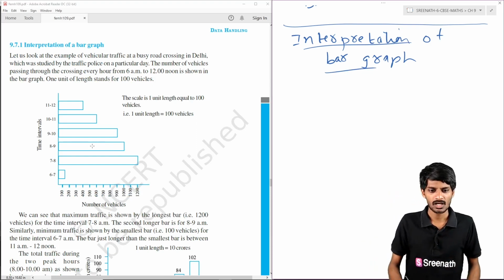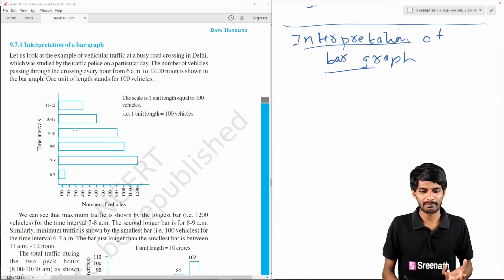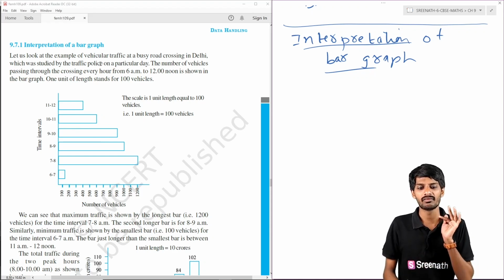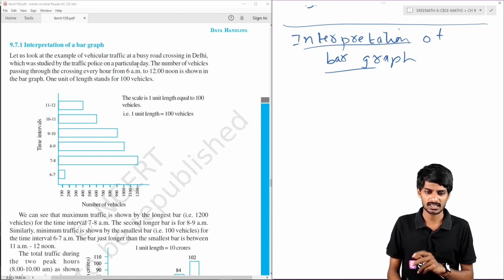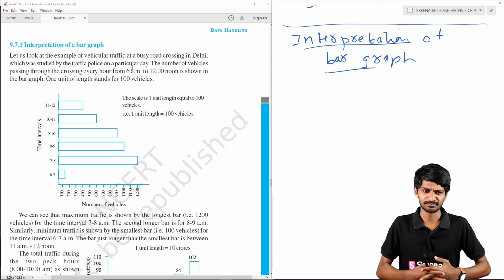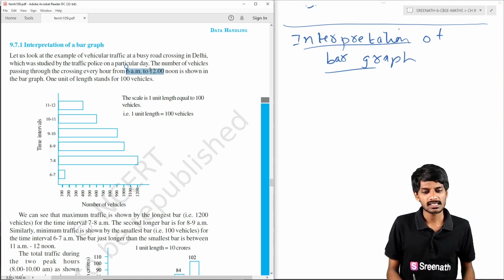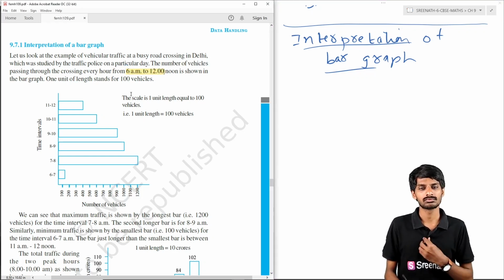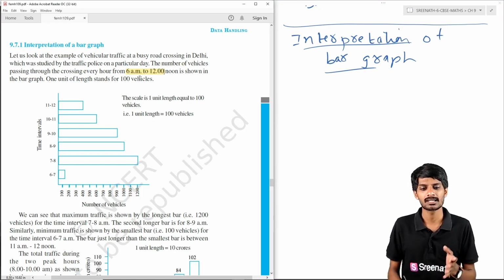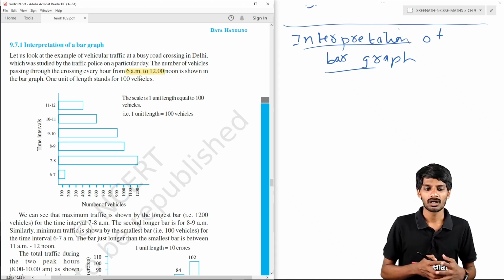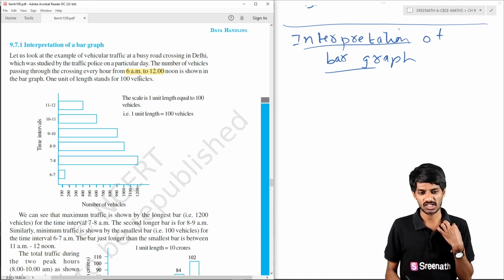Here, look at the example of vehicle traffic, students, at a busy road in Delhi. This was studied by a traffic police, students. From morning 6 a.m. to 12 noon, the bar graph represents how many vehicles are crossing a junction.